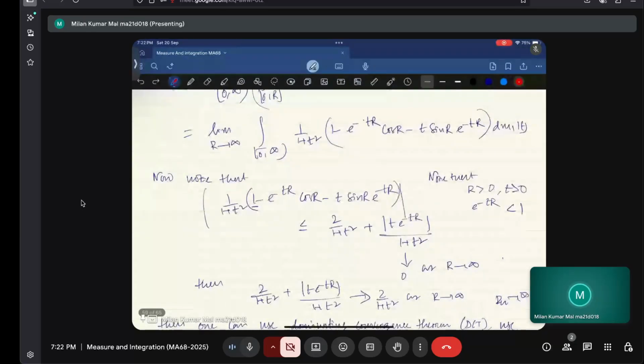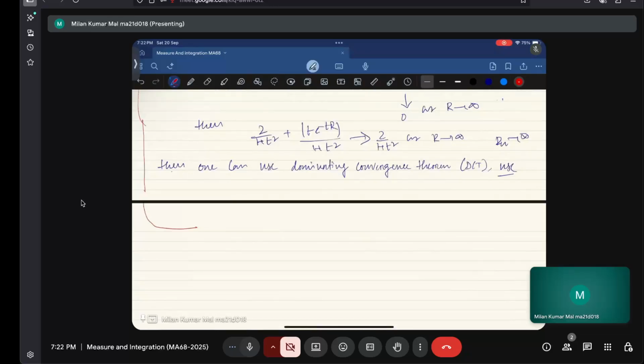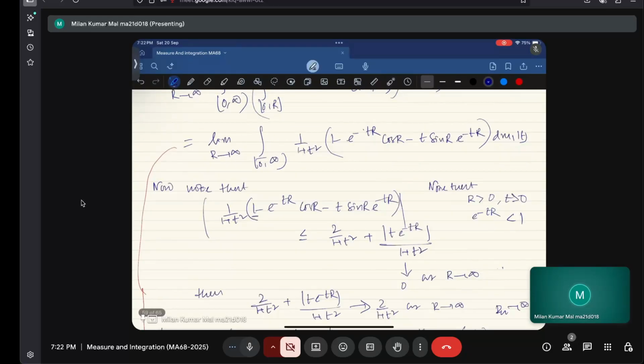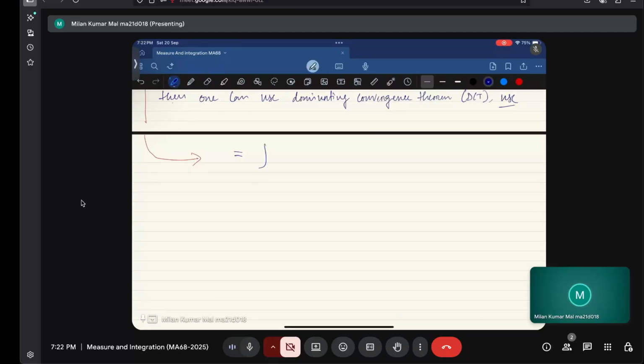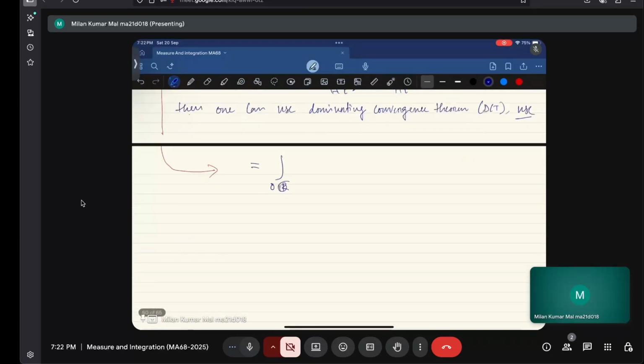and we'll get that this particular integral will be equal to the limit r tends to infinity of the integral from 0 to infinity, because that does not depend on r.